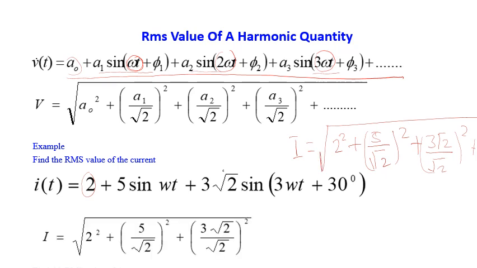So this is how we calculate for it. Doing this, we end up getting our final answer as 5.05. So this is how we calculate the RMS value of a harmonic waveform.